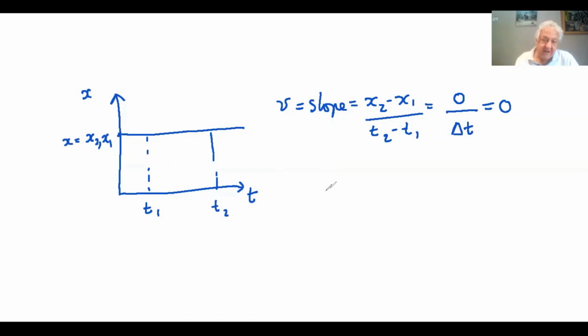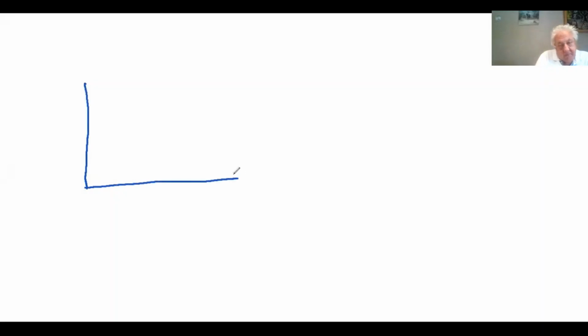Okay, what about a vertical line on a distance time graph? Let me clear this and let's have a look at a vertical line on a distance time graph. Okay, let's draw a distance time graph again. Now, what does a vertical line mean? Well, this is T1, T2, and let's just choose an interval.